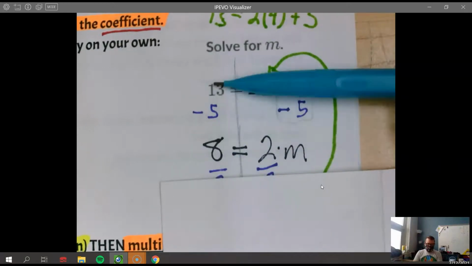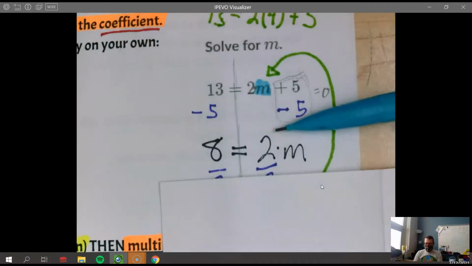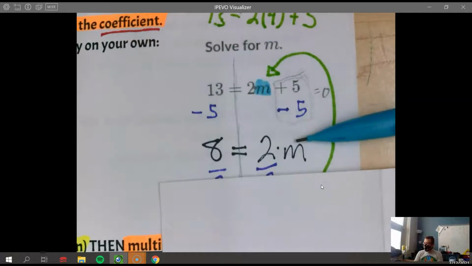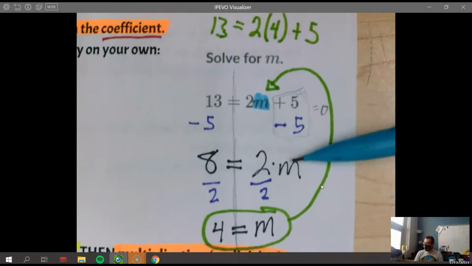I even will accidentally forget to do the math and just bring 13 down. I have to subtract 5 and I actually get 8. Douglas, how do I undo multiplication? Division. And we get m equals 4.